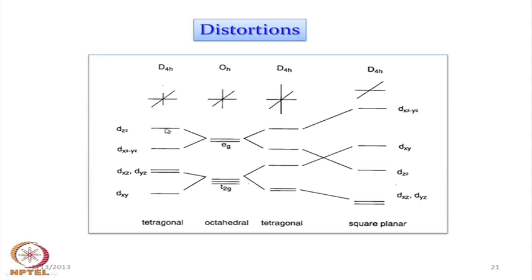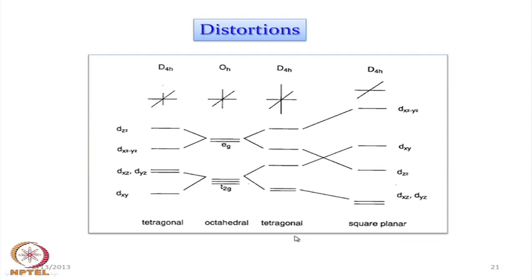That is why the dz square is mostly destabilized in tetragonal compression, whereas the dz square is stabilized in square planar geometry. Similarly, this dx square minus y square is comparatively stabilized compared to dz square, which was mostly destabilized in the case of the square planar geometry.